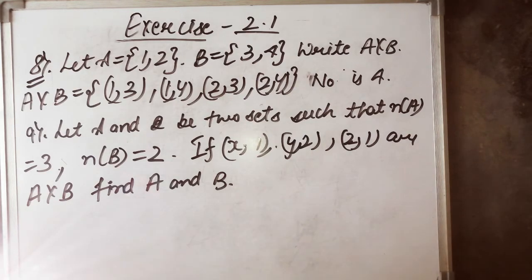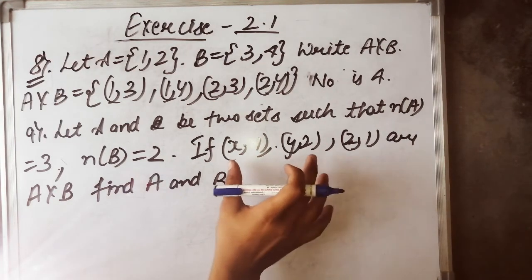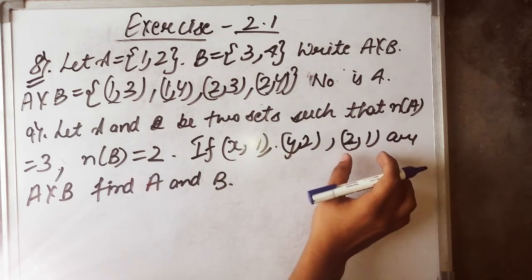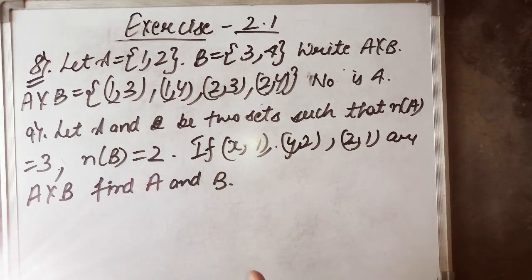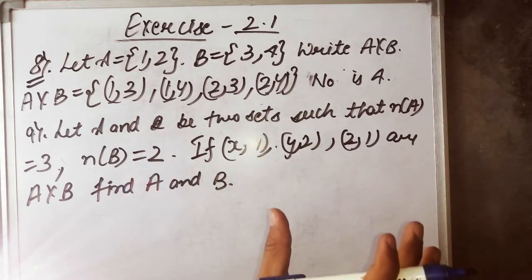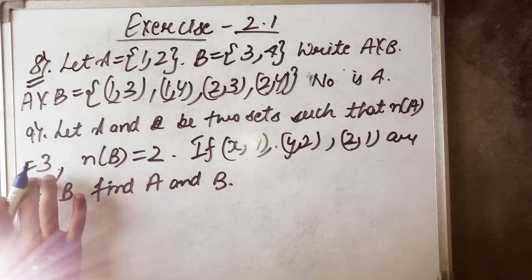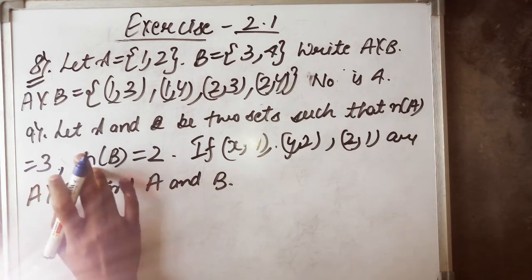Now see here, this is not an ordered triplet, it is given here. (x, 1), (y, 2), (z, 1) are ordered pairs. And we have been given a clue that the number of elements present in A is 3 and the number of elements present in B is 2.